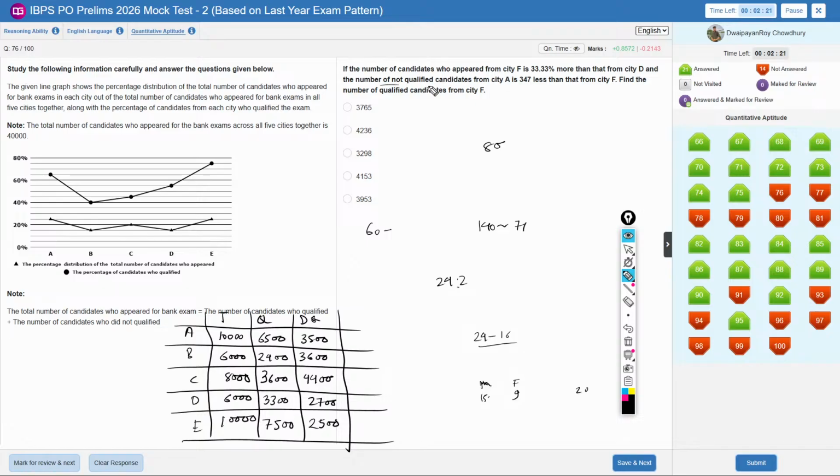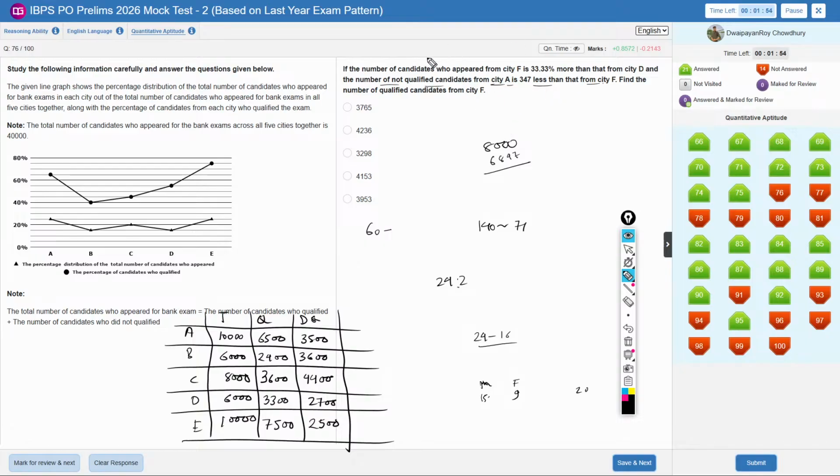And the number of non-qualified candidates from A is less than F. Qualified from F less than that of, okay. So in A it is less qualified, so it's going to be 6, 8, 7, 4. Okay, I have done some mistake.